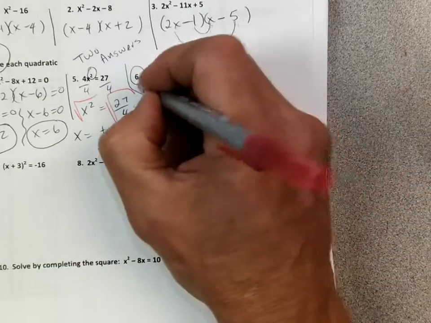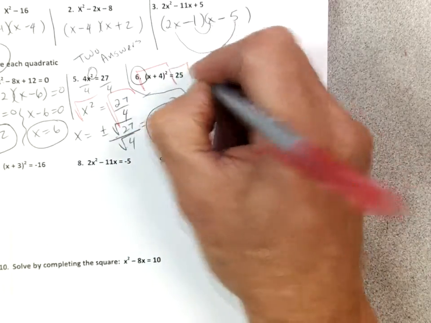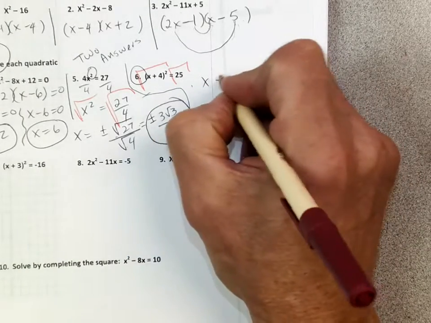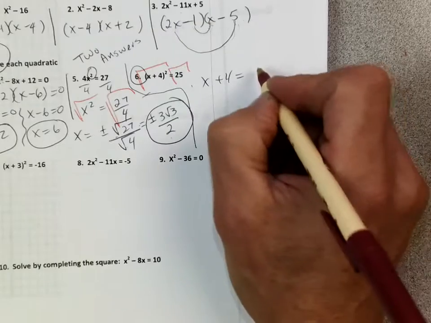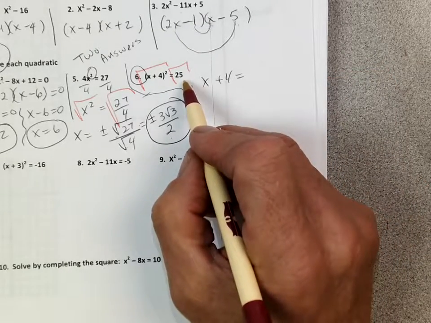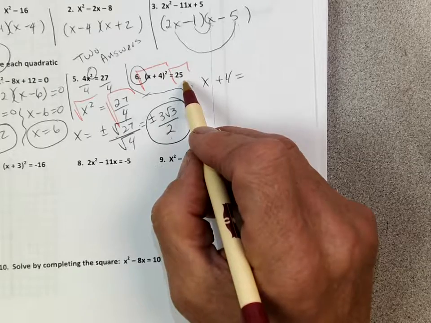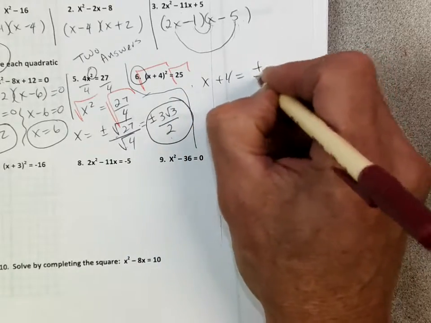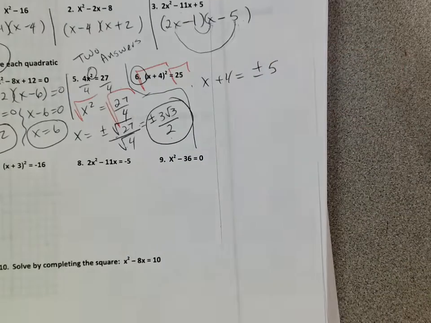Nice job, Cesar. So square root, right? So I'm going to have x plus 4 equals 2 answers. What's the square root of 25? 5. And negative 5. It's both 5 and negative 5. So it's plus or minus 5. Okay, so now I'm going to get 2 answers, but to get 2 answers I need 2 equations.